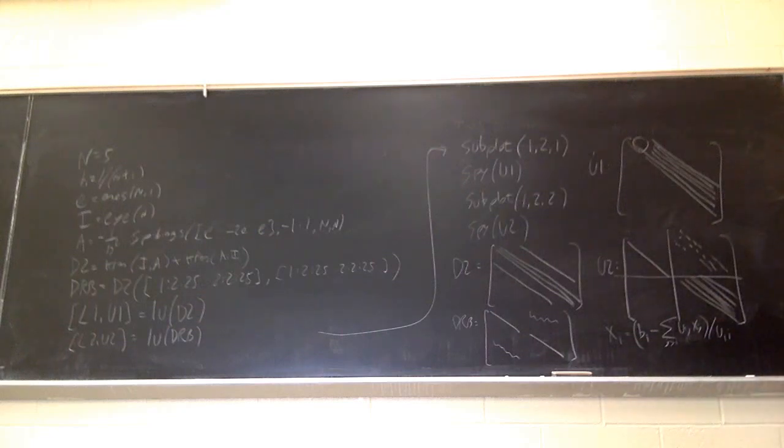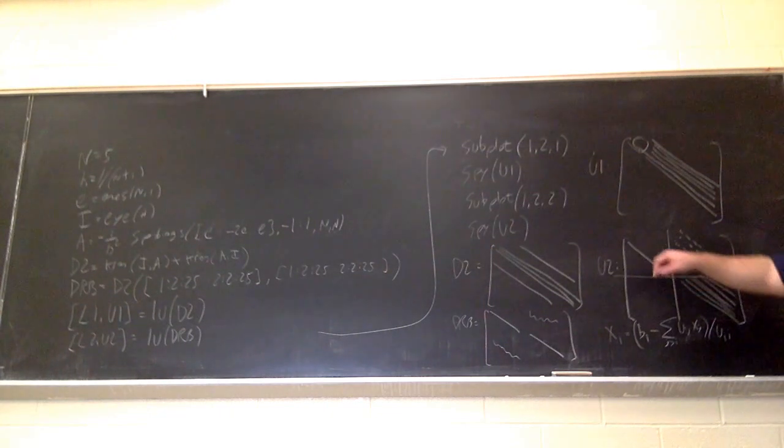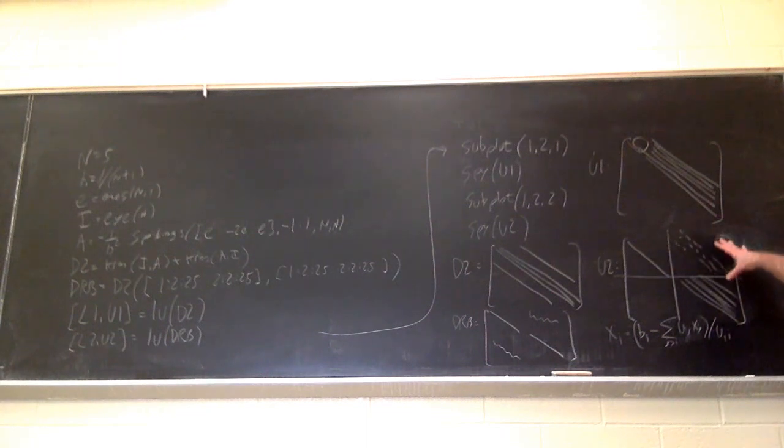That's the main back substitution step. I think the most important thing that you said was when you get to these guys, you already know these. So you only have to solve for.